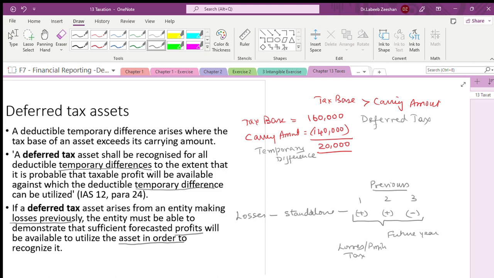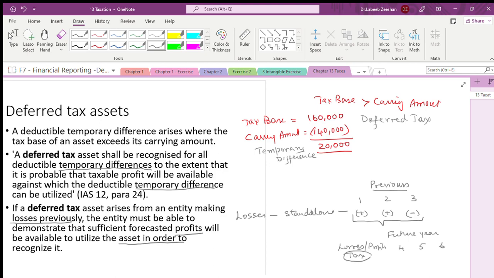If there are exemptions, then it is going to be taken for the future. They will say that if you are earning profits for the next 3 years, year 4, year 5, year 6, then in that case this tax is subject to payment.